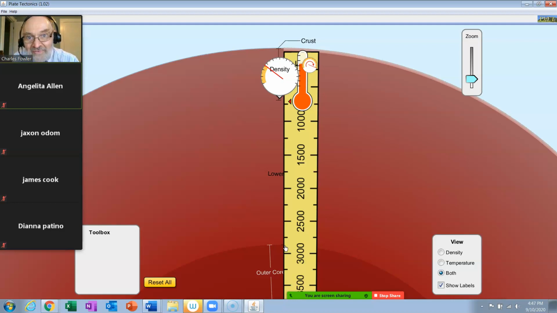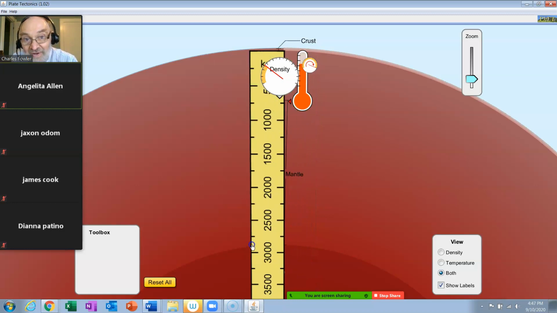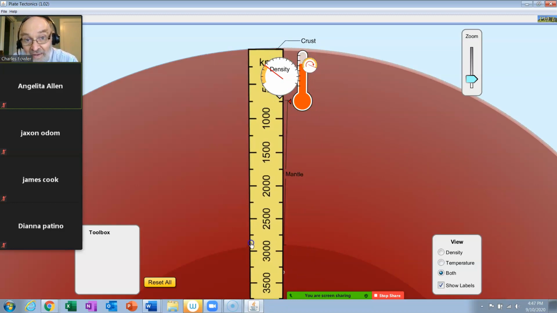Now let's see if it makes any difference if we do it from the oceanic crust. I doubt if it makes much difference at all. It looks like the bottom of the oceanic crust. And now we're at 20, this would be 2750, and that would be maybe, no, this is 2750.